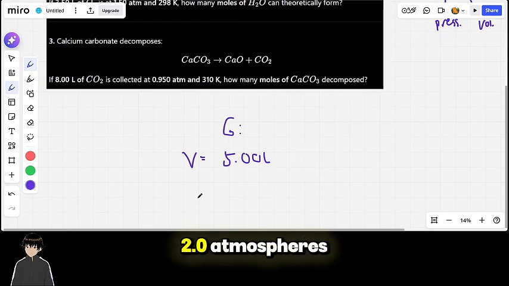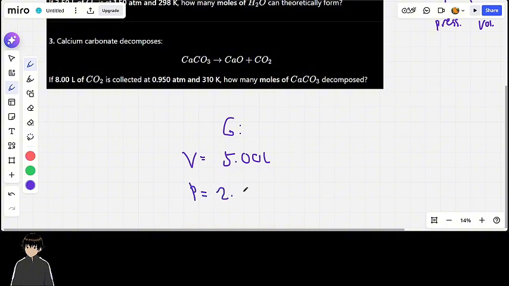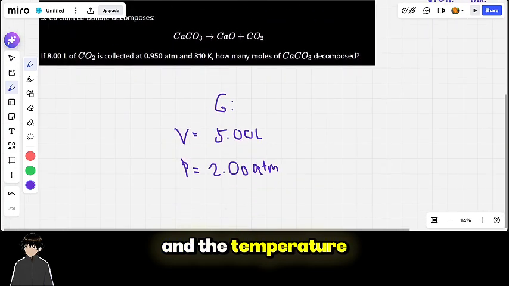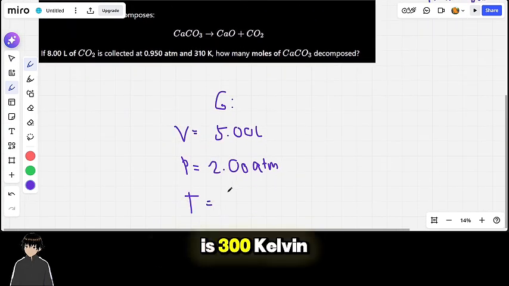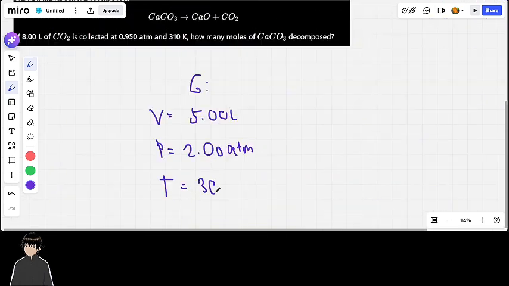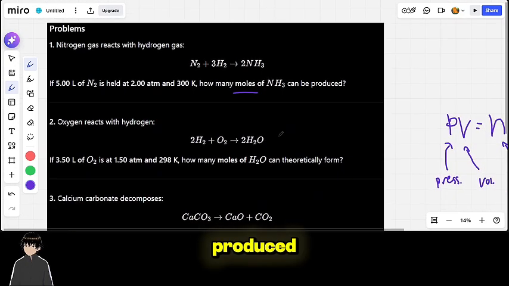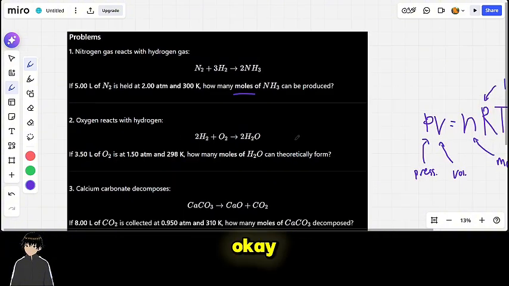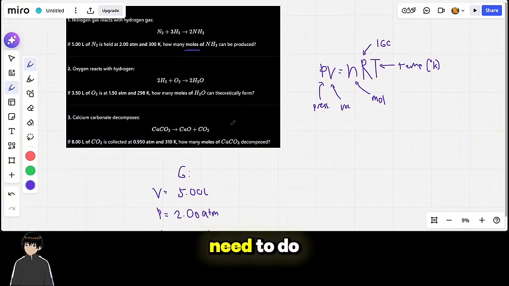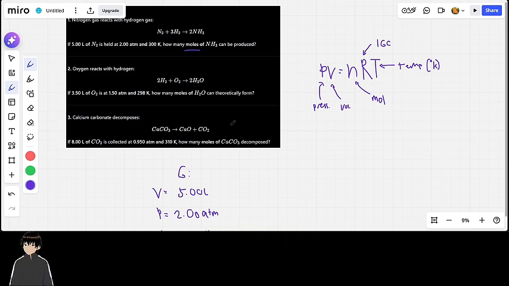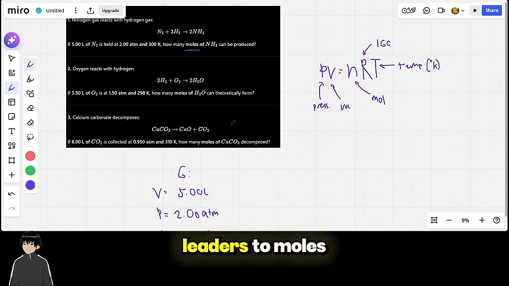The pressure is 2.0 atmospheres, and the temperature is 300 Kelvin. Now we're trying to find the moles of NH3 that can be produced. So the first thing that we need to do is convert the liters to moles first.